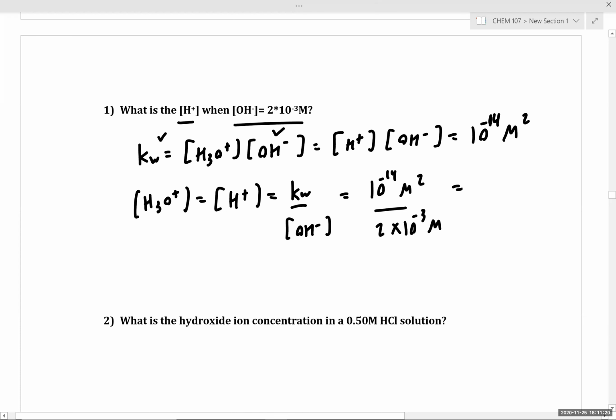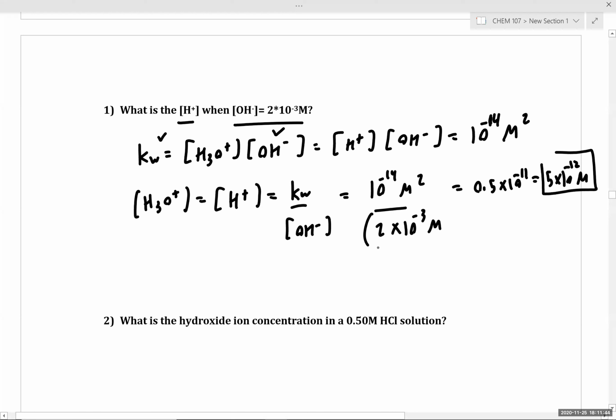Now, punching that into our calculator, we get 0.5 times 10 to the negative 11th, which corresponds to 5 times 10 to the negative 12th molar. Does that make sense to everyone?